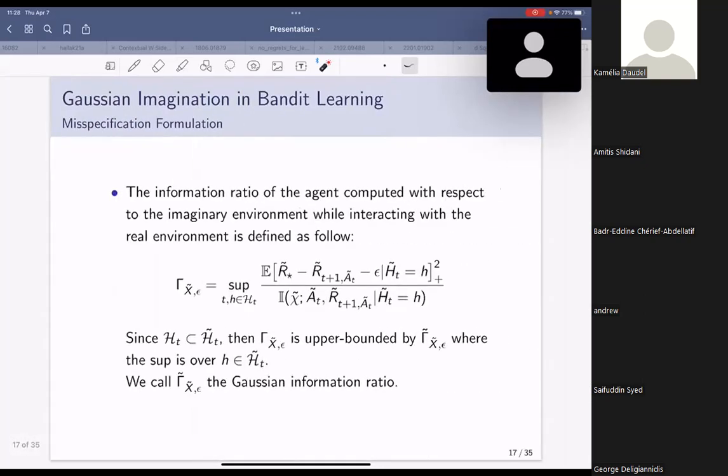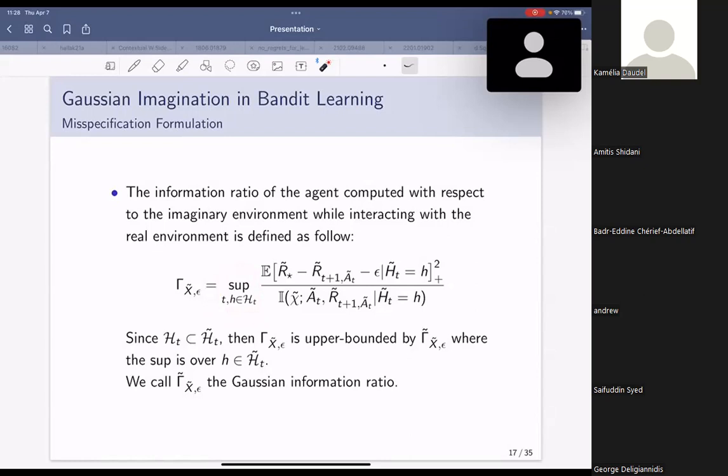And so we can modify the information ratio as well. It looks the same as before, with everything in the imaginary environment. The only difference is that in the definition of the information ratio, when we were taking the supremum, we were taking it over all the possible histories. But here, the only histories that can actually happen are the histories from the real environment. So the supremum is over the real histories.